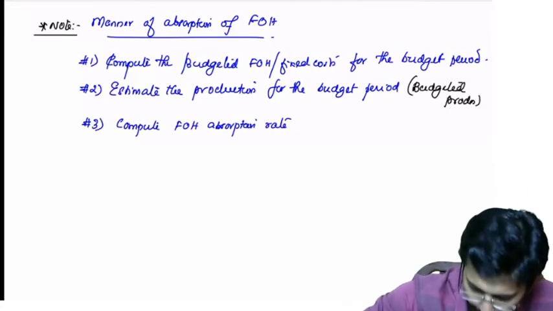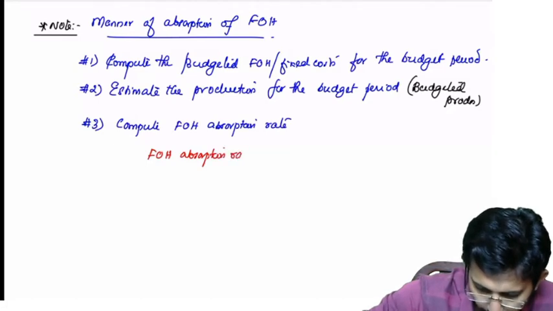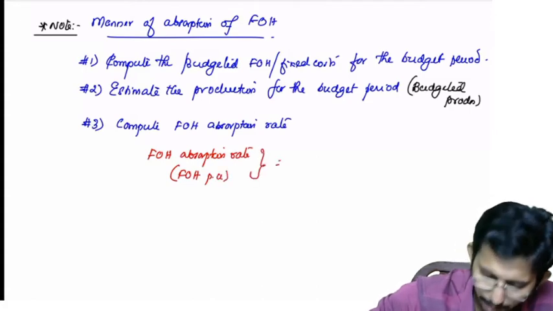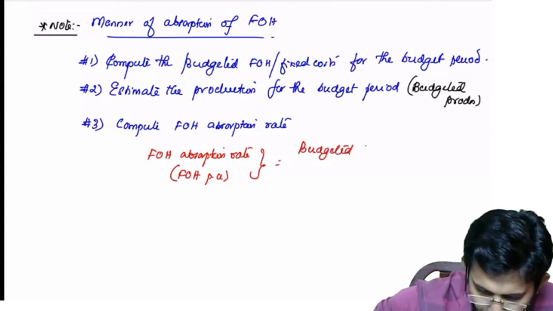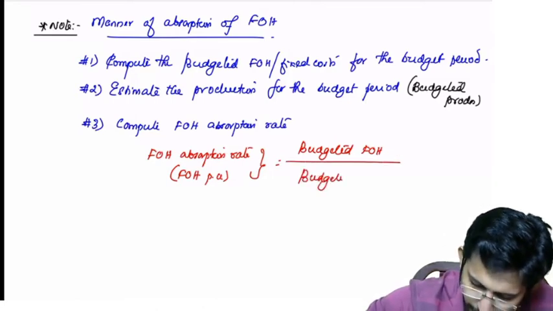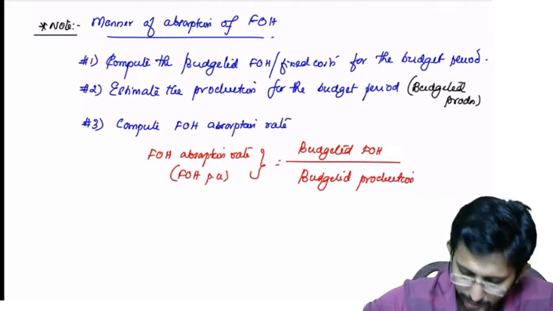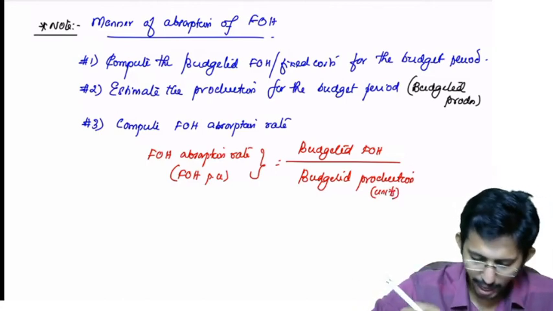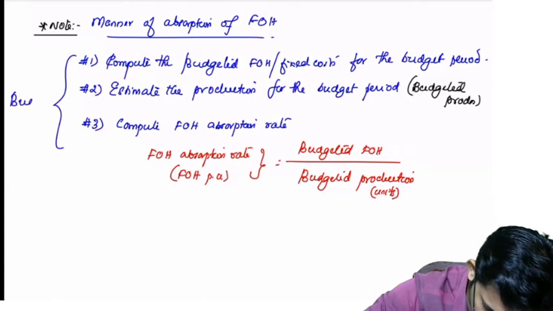This fixed overhead absorption rate is also written as FOH per unit, and is computed using this formula: budgeted fixed overhead or fixed cost divided by budgeted production. This is in units. Okay, so this is the formula. Now what do you have to do? So you have a FOH absorption rate. Next, these three steps happen at the budgeting phase.